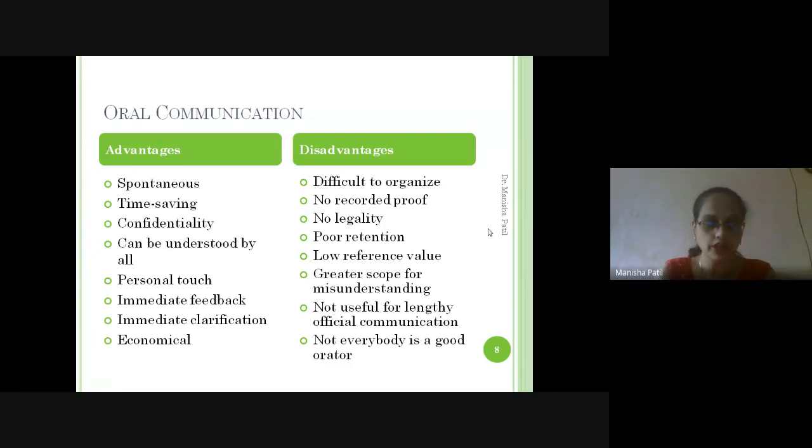Advantages of oral communication: spontaneous, time saving, confidentiality, understood by all, personal touch, immediate feedback, immediate clarification, economical.